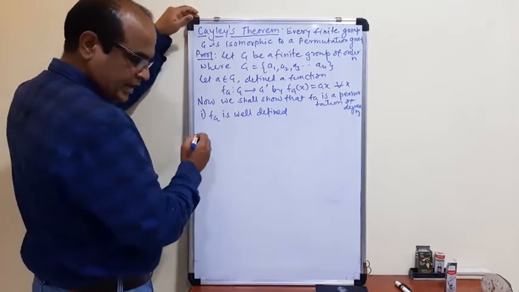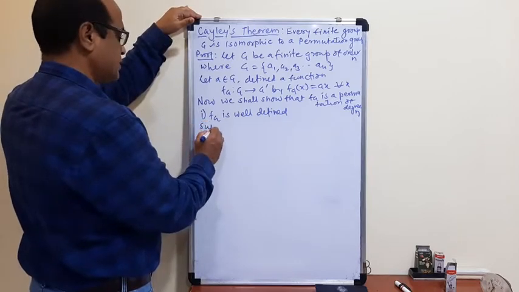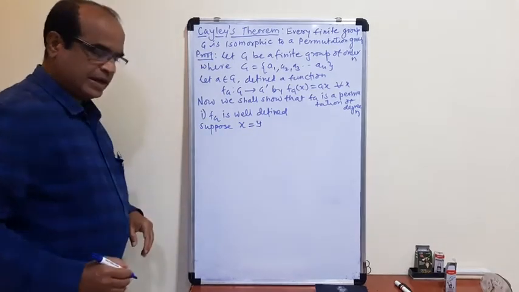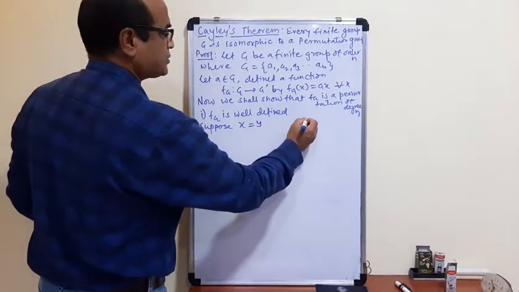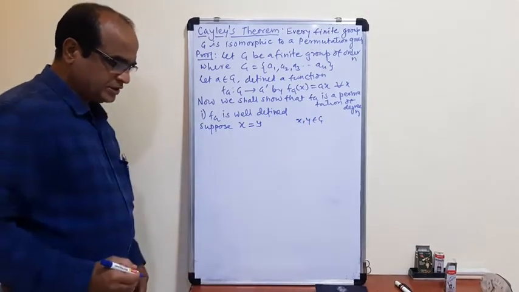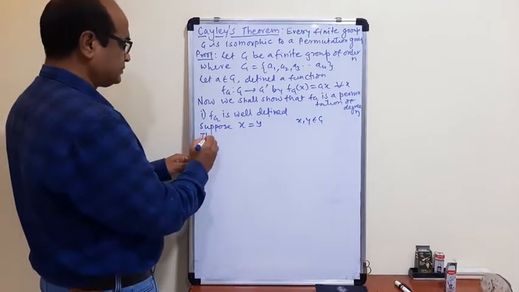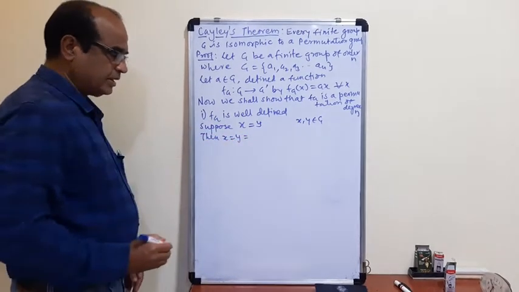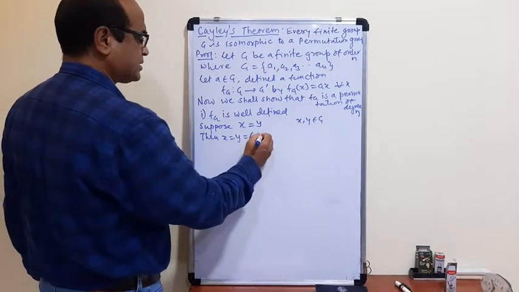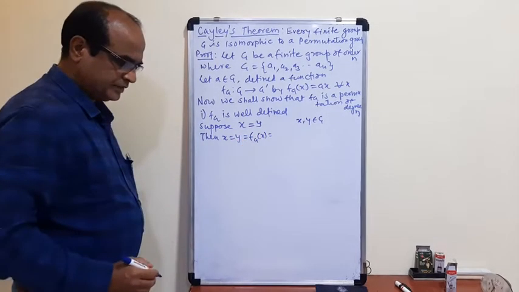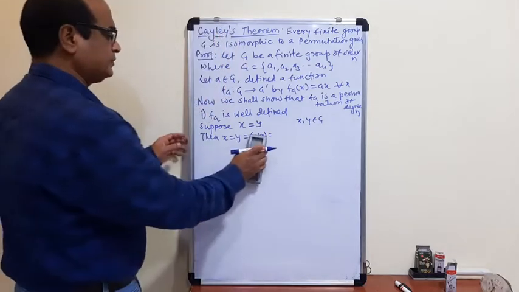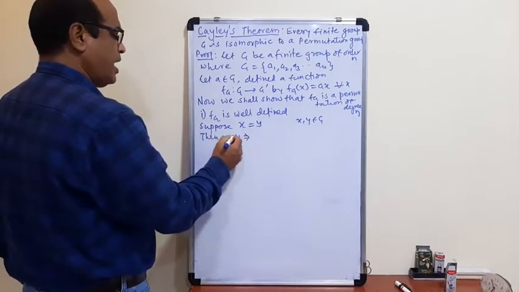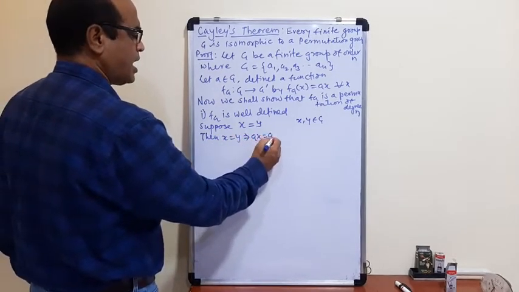Okay. Let x is equal to y, where x, y belong to G. Then x is equal to y implies that, multiplying x and y by a, ax is equal to ay.